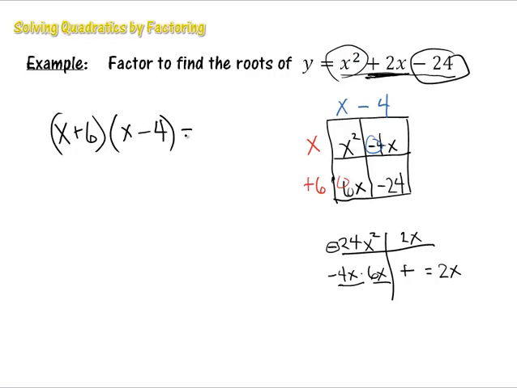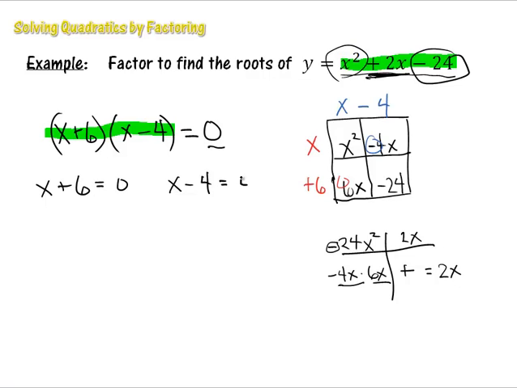And I'm going to make that equal to 0. This part, the x plus 6 times x minus 4, it's the same thing as this, just factored. They have the same values. And now I'm going to use the zero product property that says if the two factors multiplied together equal 0, then one or both of the factors have to equal 0. So I'll do x plus 6 equals 0 and x minus 4 equals 0.